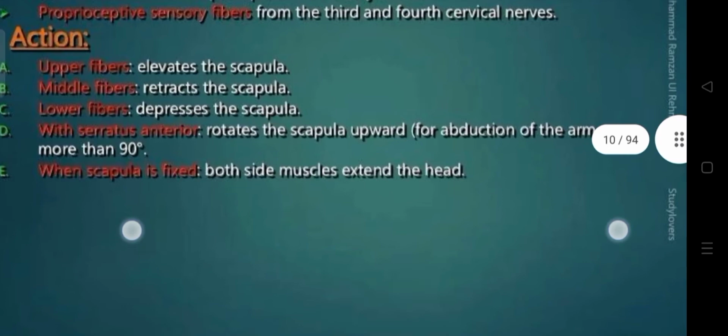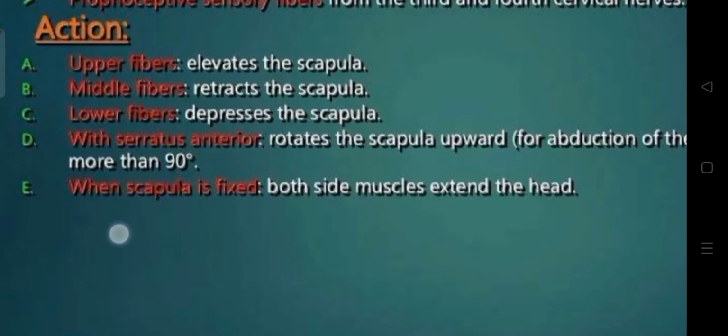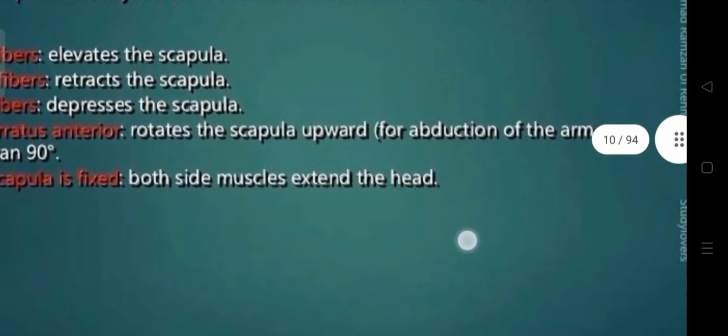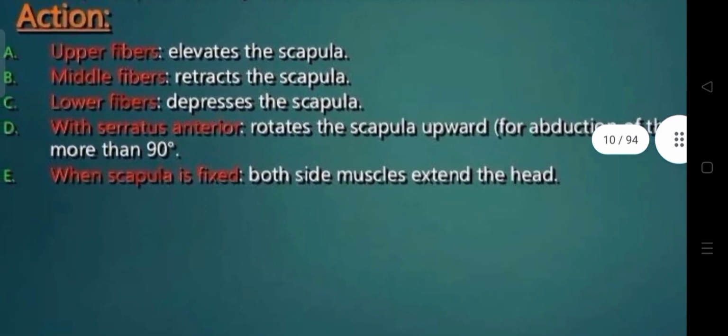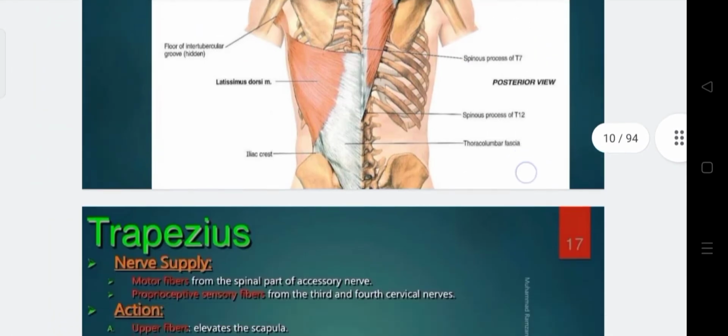Upper fibers elevate the scapula, middle fibers retract the scapula, and the lower fibers depress the scapula. With serratus anterior it rotates the scapula upward for the abduction of the arm more than 90 degrees. When the scapula is fixed, both sides muscle extend the head. In the diagram, you can clearly see this muscle.